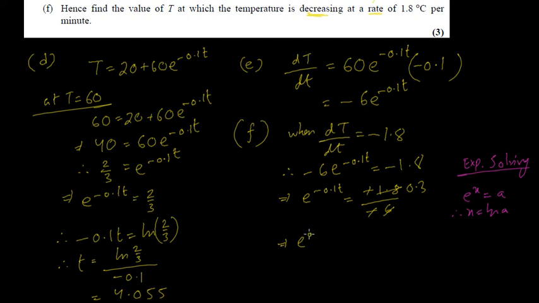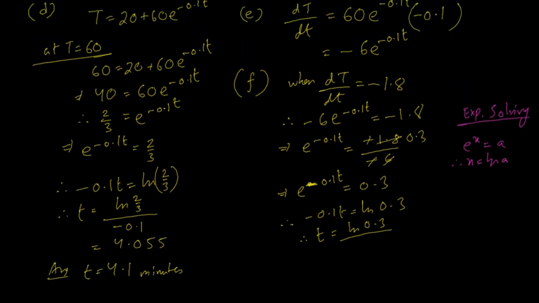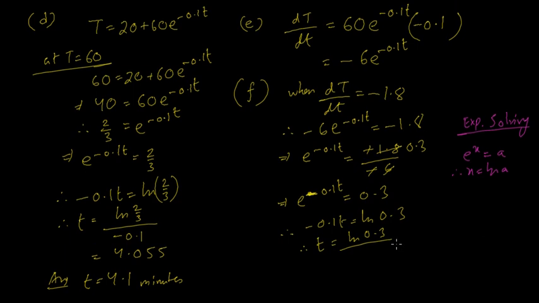So e to the power minus 0.1t equals 0.3. Therefore minus 0.1t equals ln 0.3. Therefore t equals ln 0.3 divided by minus 0.1.